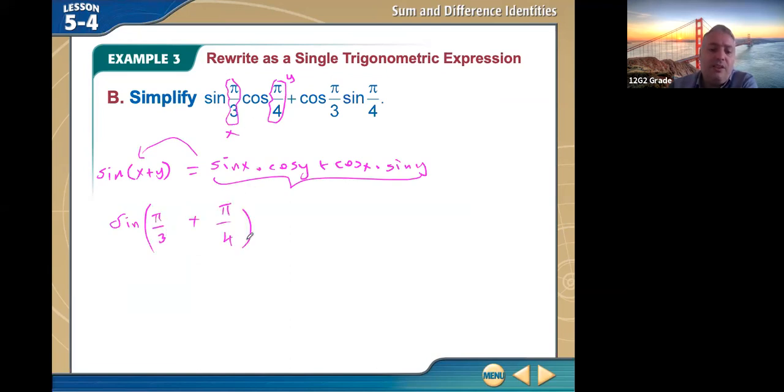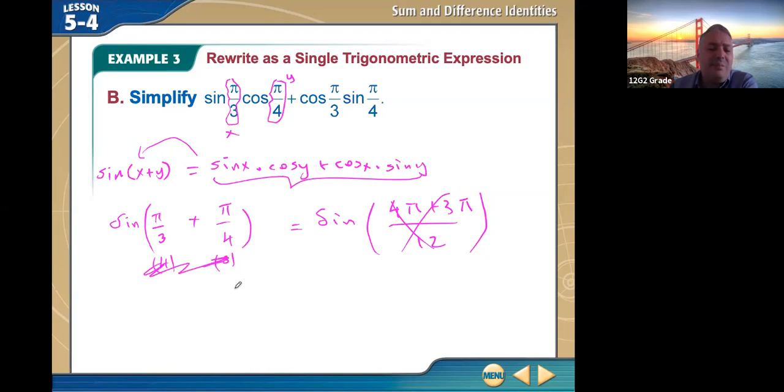This is your question. What can you do? If you equalize the denominator, you can say this will be 4 pi plus 3 pi divided by 12.